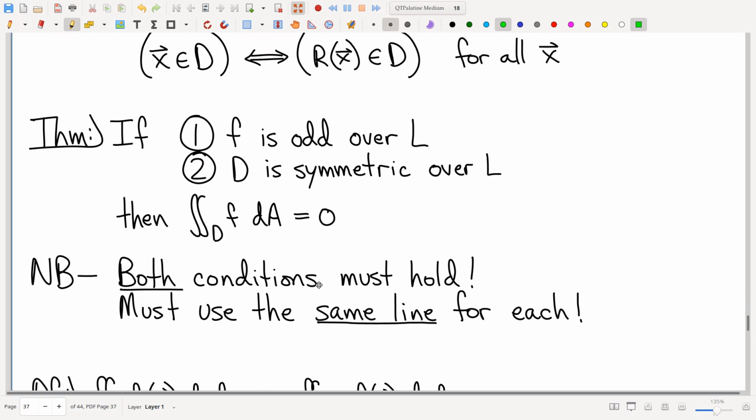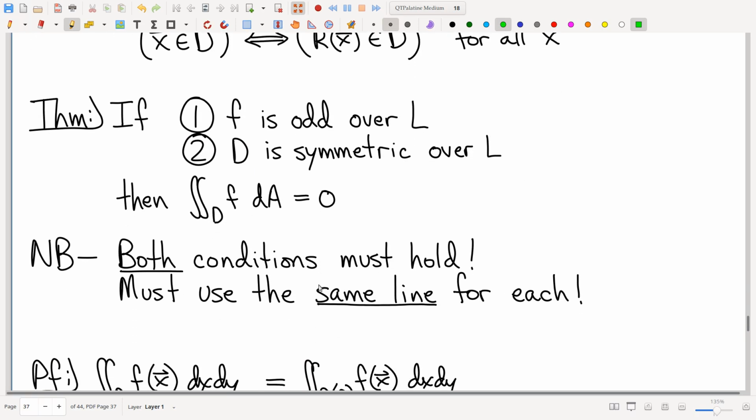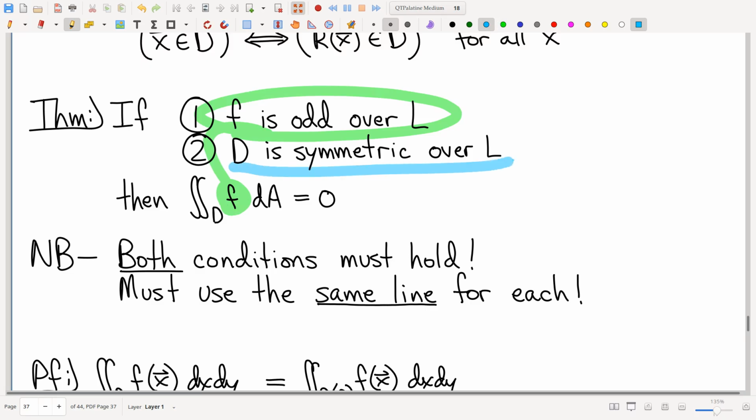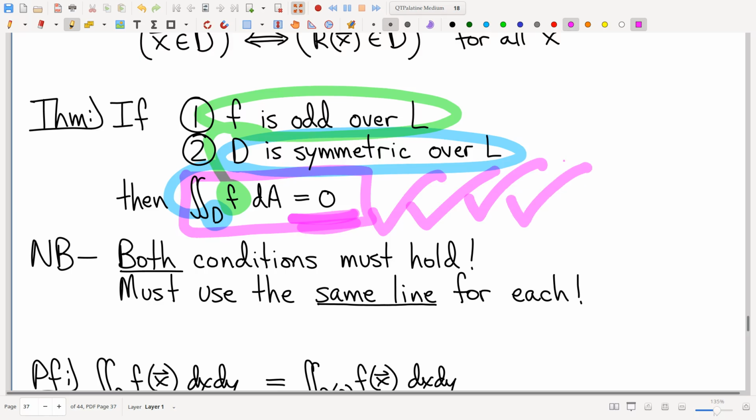And with these ideas, you get the same theorem. Morally the same theorem. It's super powerful. It comes from the same place as that single variable theorem. And here it is. If you have an odd integrand that you're integrating over a symmetric domain, that integral is 0. Totally awesome.